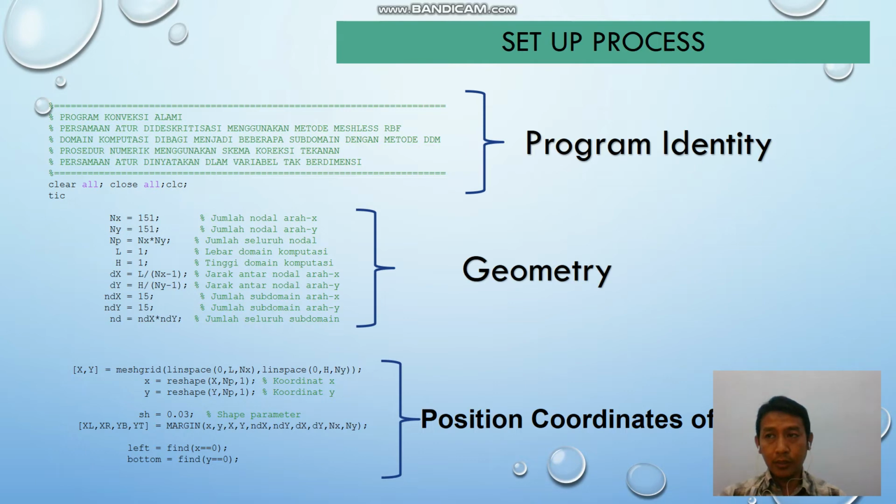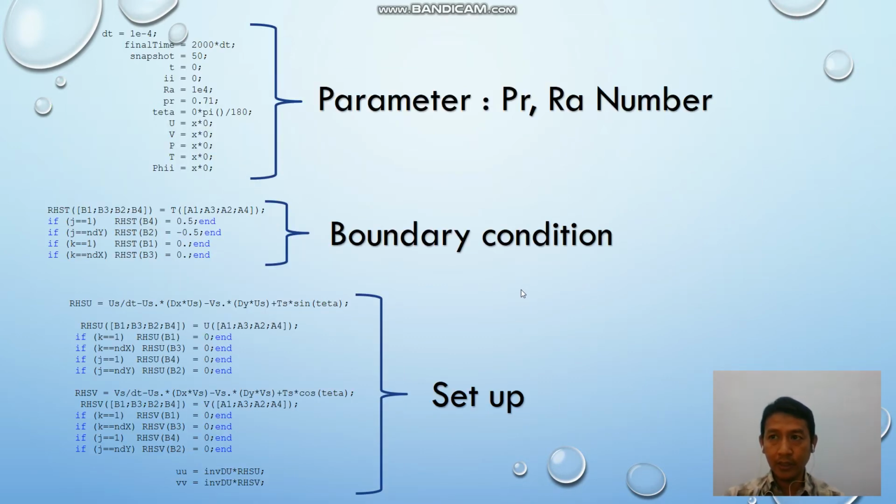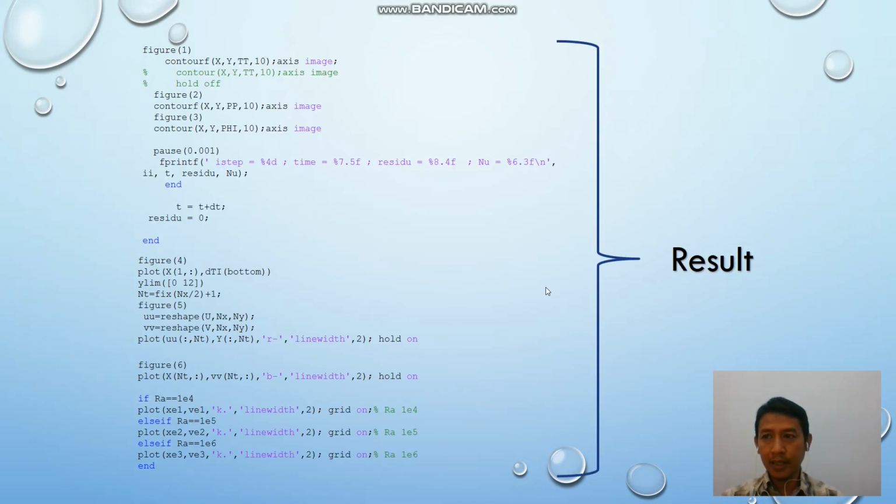The next step is to create a program code in MATLAB software version R2015a. The program arrangement identifies the geometry, the position coordinate of each node, parameters to determine the values of Prandtl and Rayleigh number, boundary conditions, and setup parameters, and then the last result consists of several figure codes.